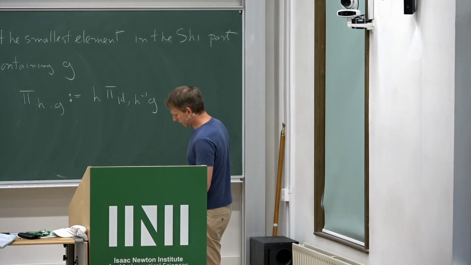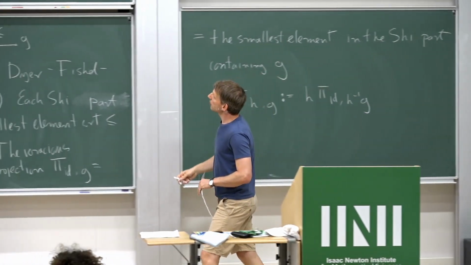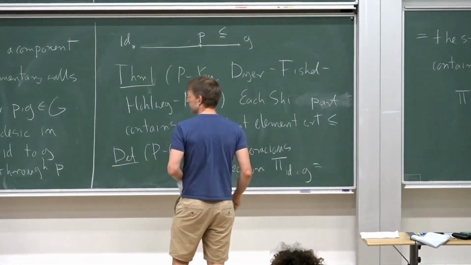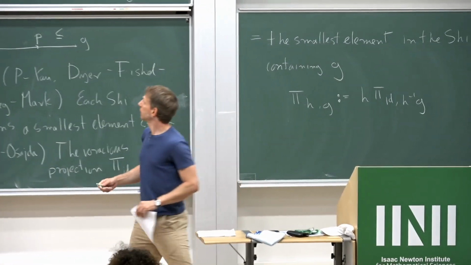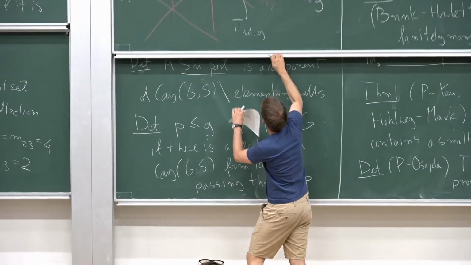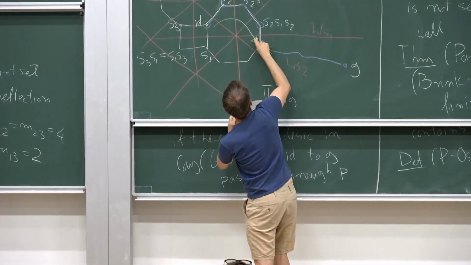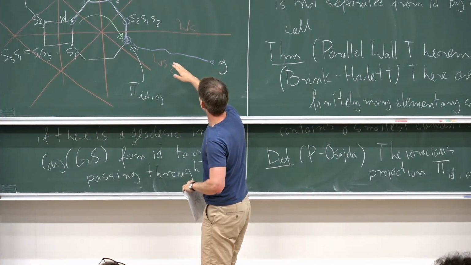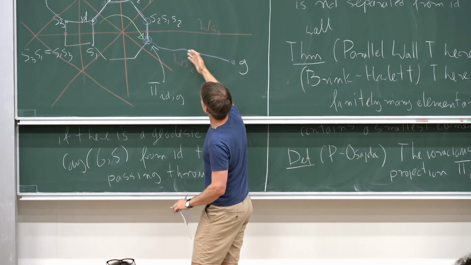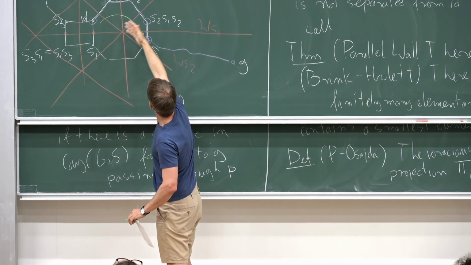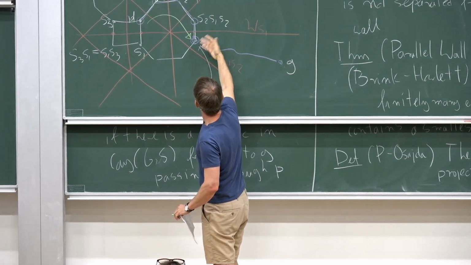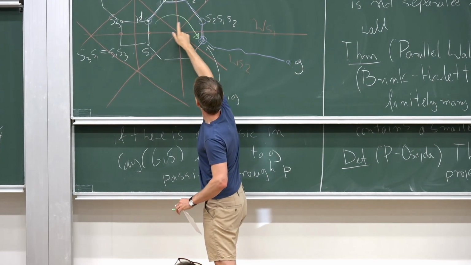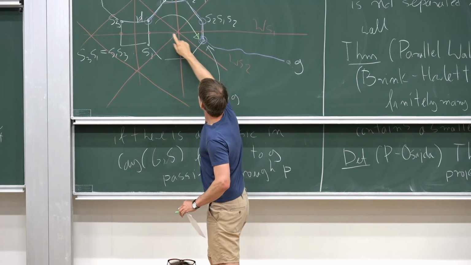So now, once I have this definition, the remark is that the distance between H and this projection is uniformly bounded for any H and any G, just because by the parallel wall theorem there are finitely many Shi parts, so there are finitely many of these smallest elements in the Shi parts, so there is a uniform bound depending only on the group.